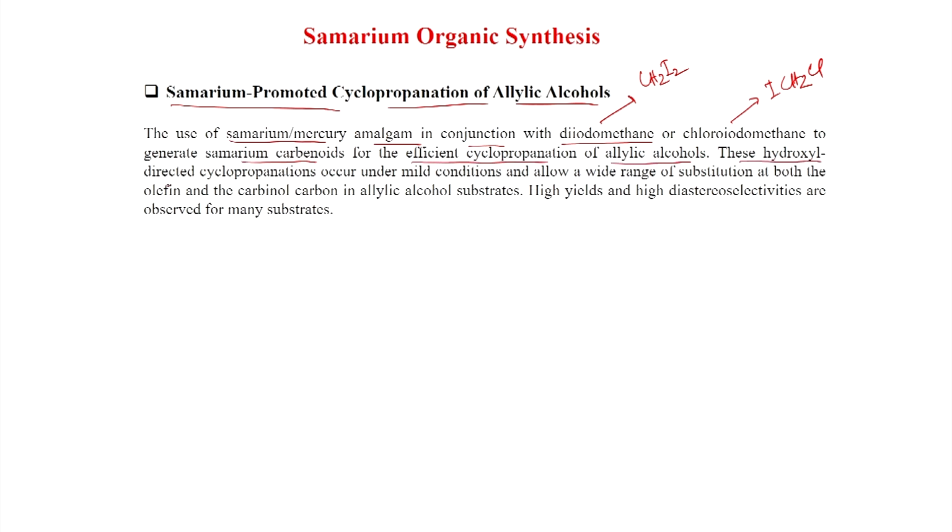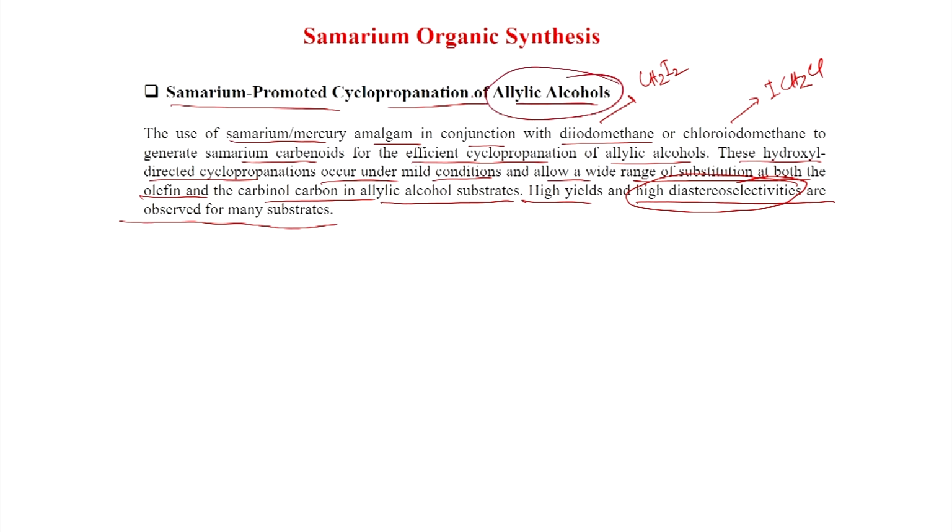These hydroxyl directed cyclopropanations occur under mild conditions and allow a wide range of substitution at both the olefin and the carbinol carbon in allylic alcohol substrates. High yields and high diastereoselectivities are observed for many substrates. So this is also very important, the high diastereoselectivity that has been obtained for the cyclopropanation of allylic alcohols. So, that we will see also.